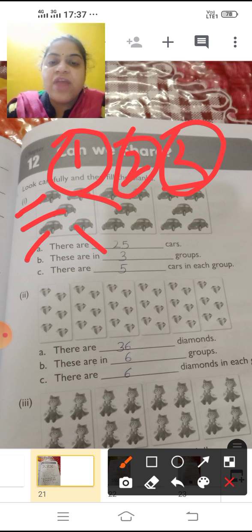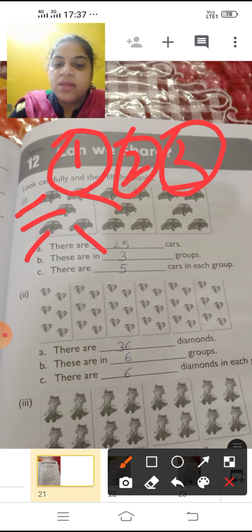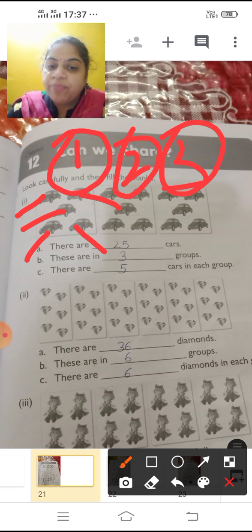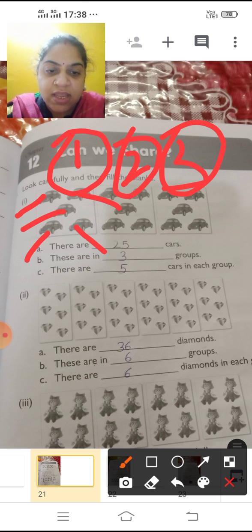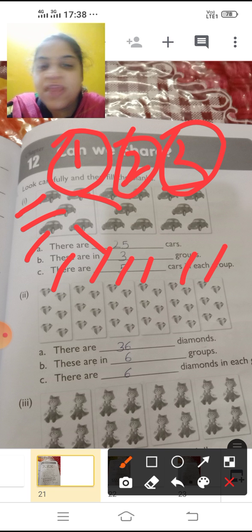Now, come to next. Same, first we have to count them all together. Then we will make them in groups. How many groups are there? Then we will see in one group how many diamonds are there. Now there are 36 diamonds. First we see how many groups are there: 1, 2, 3, 4, 5, 6.